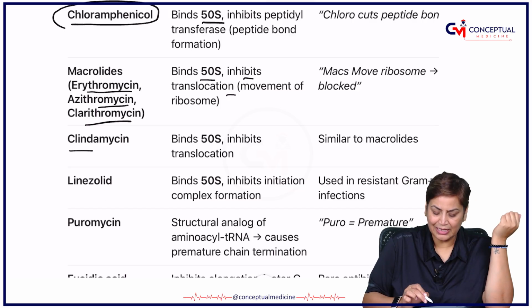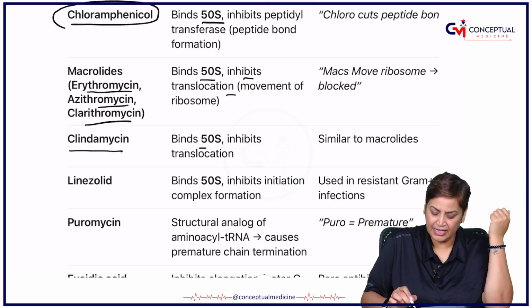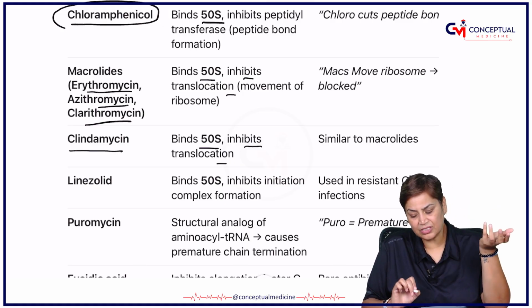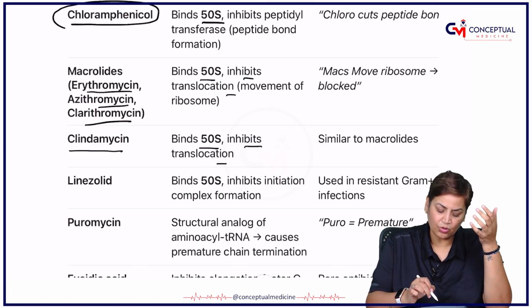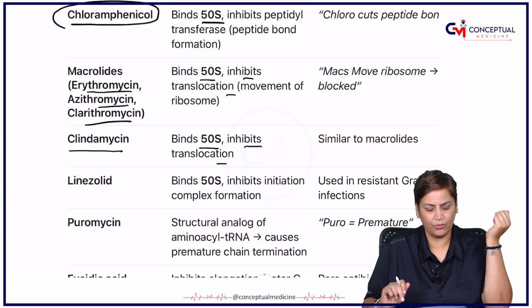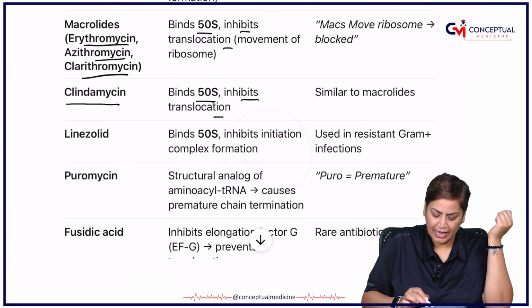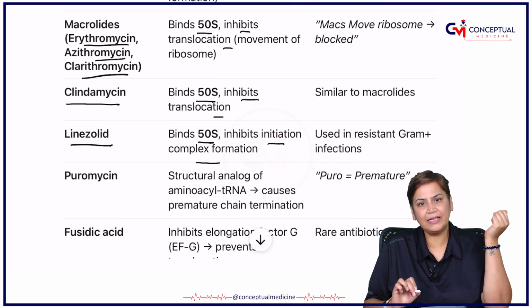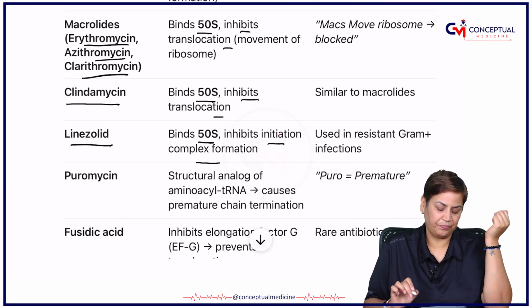Then clindamycin binds 50S and again inhibits the translocation process, similar to erythromycin and azithromycin. Then linezolid binds 50S and inhibits initiation complex formation.